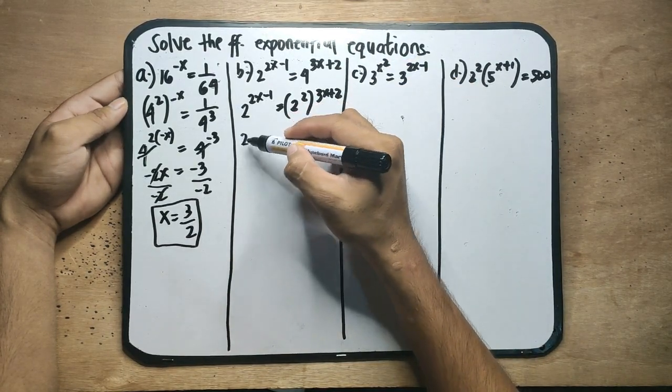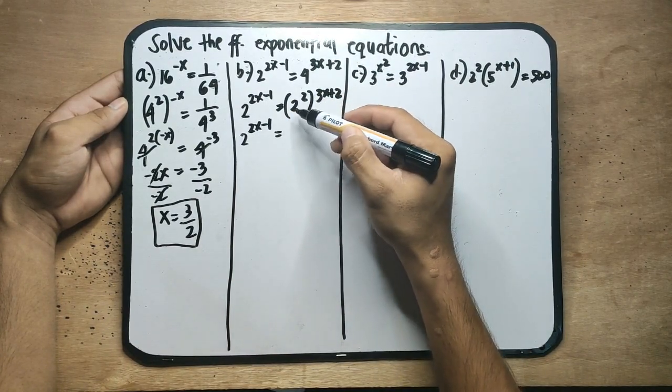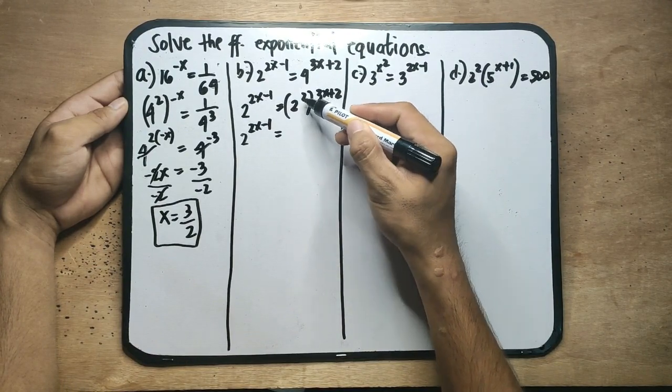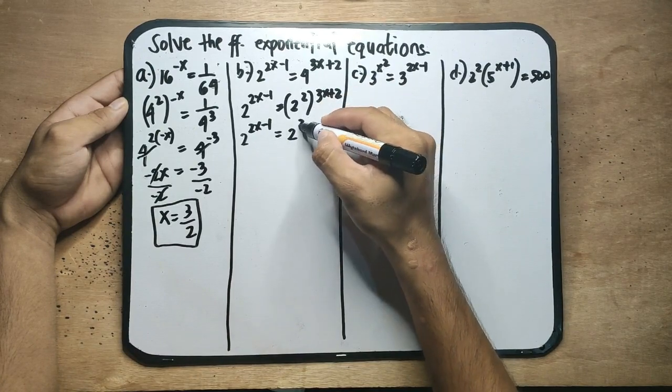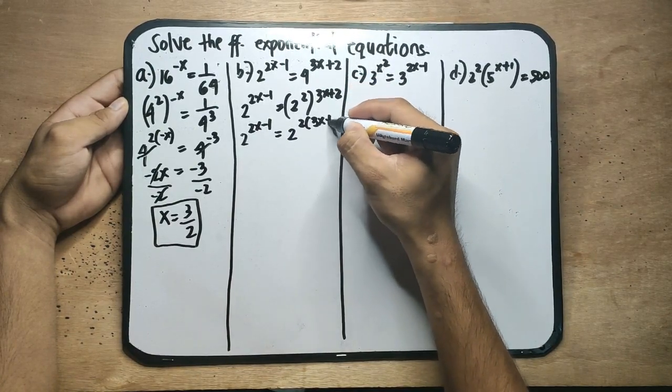So, we bring down again 2 raised to 2x minus 1. And then, ito, since power siya ni-raise against another power, we multiply the exponents. Okay, so 2 raised to 2 times the exponent outside the parenthesis, which is 3x plus 2.